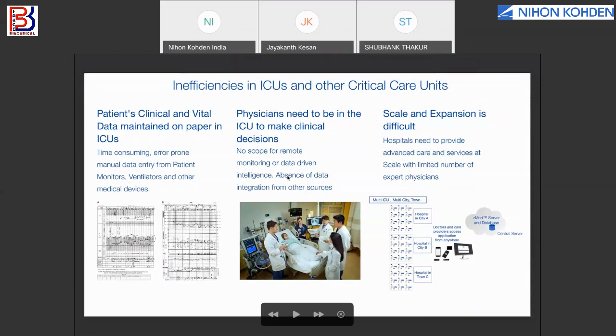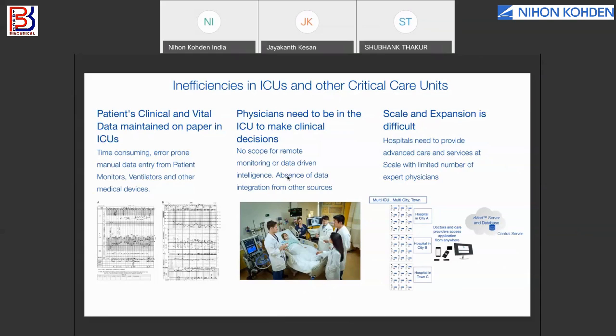That automatically leads to a situation where physicians and doctors need to come to the ICU to make any clinical decision, and there is no scope for remote monitoring or any kind of data processing for intelligence. These things pile up, and then you are not able to give better care delivery or treat the patient better. From the hospital perspective, hospitals find it very difficult to scale and expand.